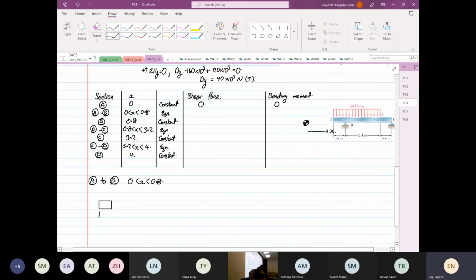As I said, our geometric datum is on the left-hand side. This is x. V as a function of x is in this direction, and moment as a function of x is in that direction. Over here is 50 multiplied by x. The distance from here to here is x over 2.